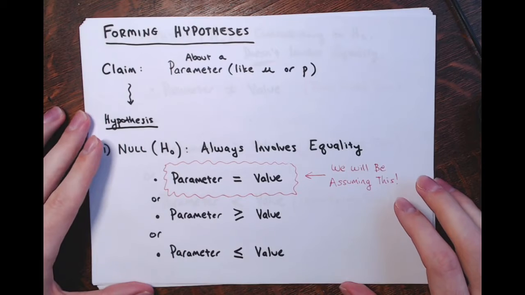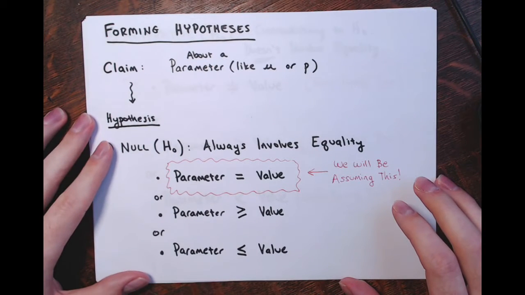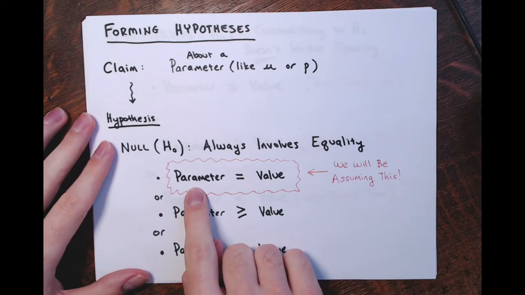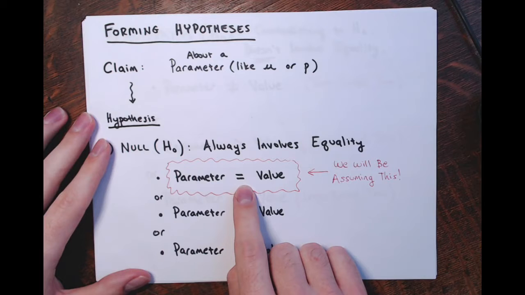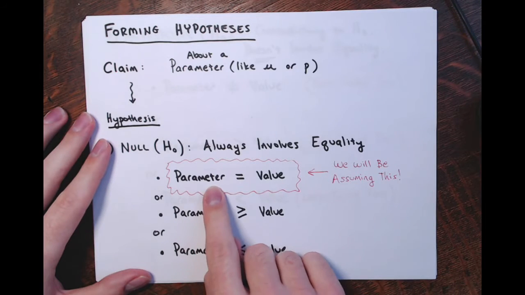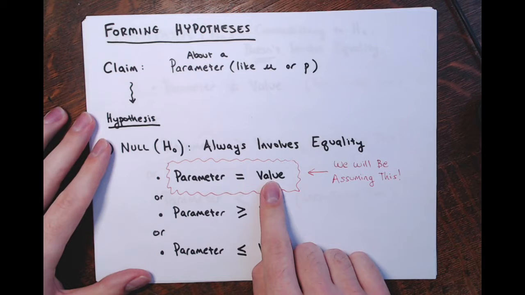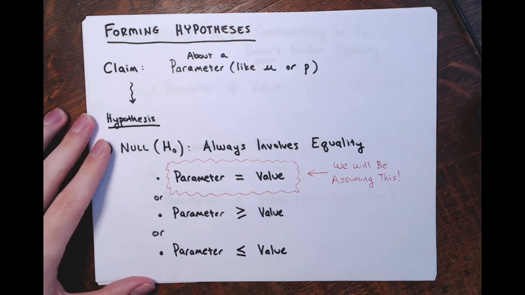And when you actually perform a hypothesis test, a test of a claim, what we're going to be assuming is true is the equality part. When we go through and test a claim, we're going to be assuming that the value of the parameter is equal to some specified value, and then take a sample and see how it compares.